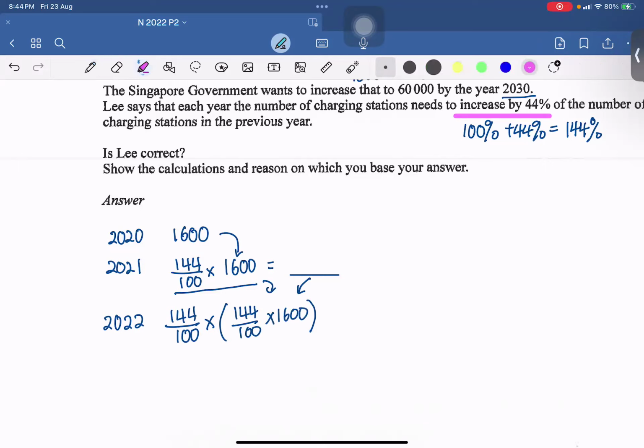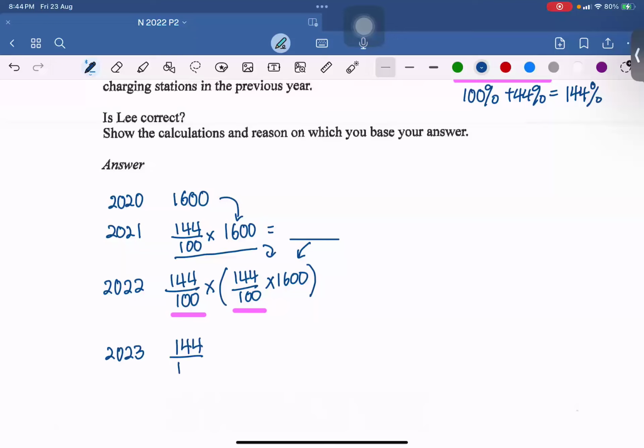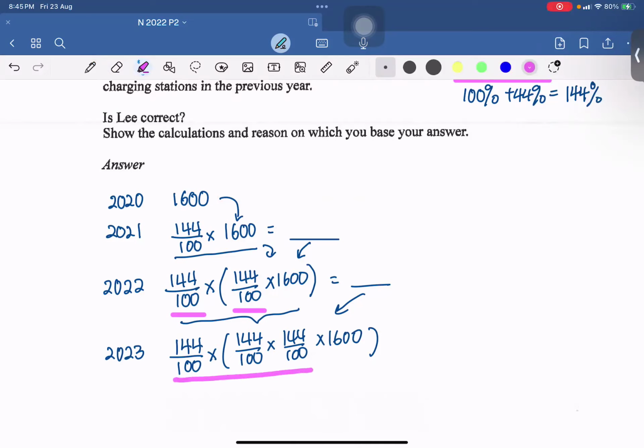Do you notice something? What do you think will be 2023? I would still need to take 144 over 100, multiply to my previous year answer. Where did the previous year answer come from? The previous year answer come from this whole thing. What do you observe?